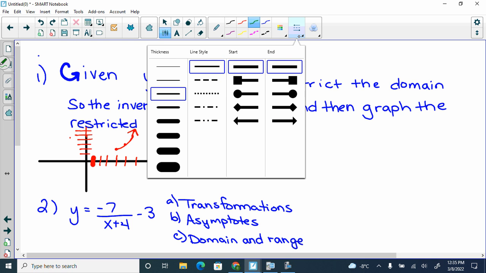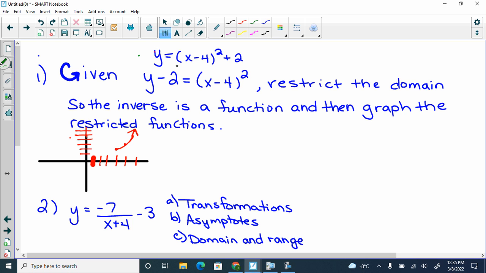So I'm going to restrict my domain to be x such that x is greater than or equal to 4, x in the reals. You could use 5, 6, 7, 8, whatever you do. The key thing is that you have to draw the actual graph that goes with it.